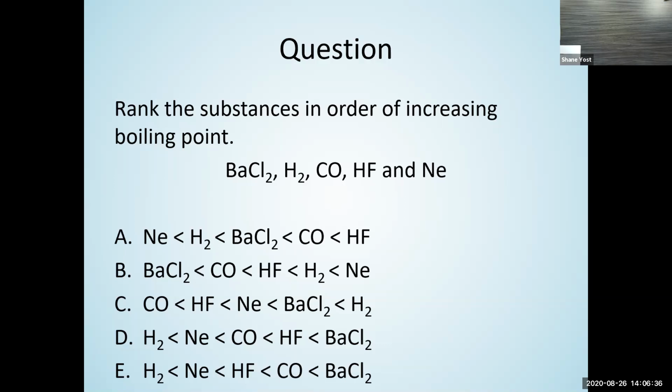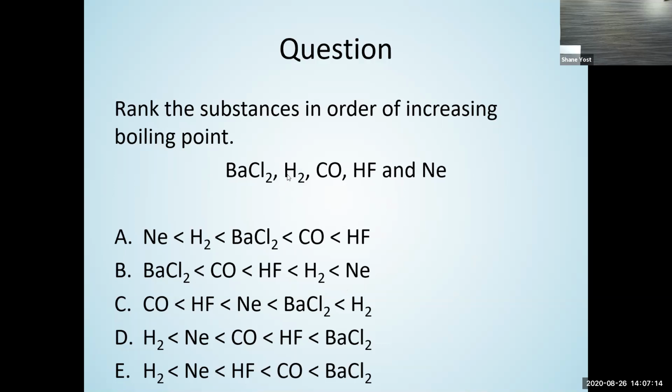Okay? And so how we want to list these things is weakest intermolecular force on the left, the strongest intermolecular force on the right. So the weakest over here, strongest over here, right? And so when we look at these guys here, the weakest is going to be H2. H2 only has dispersion interactions, and it's also an extremely small molecule. So it's going to have very, very weak intermolecular forces and a very, very low boiling point.